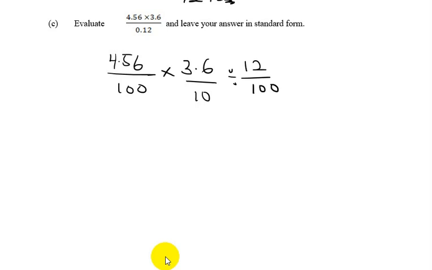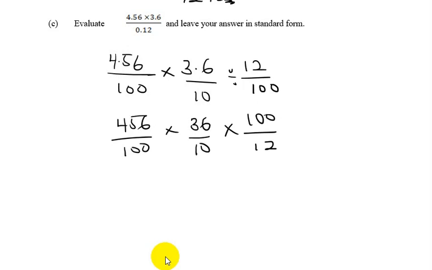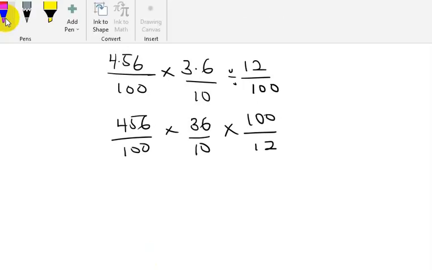Okay, now we go ahead to say 456 on 100 times 36 on 10 times 100 on 12. Okay, now we can cancel. Let's do some cancellation here.